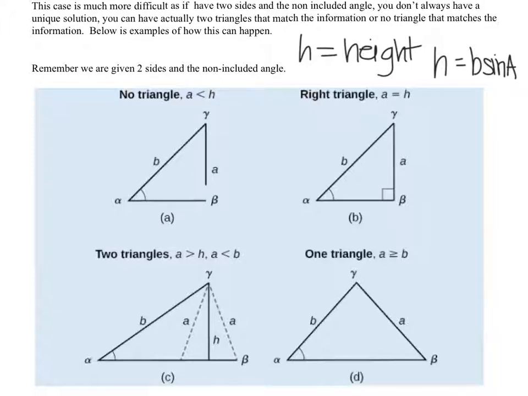And then our last case is if your side A is greater than or equal to B, it's going to be one triangle. So we're going to apply these in our last few examples to figure out if we can even solve the triangle.